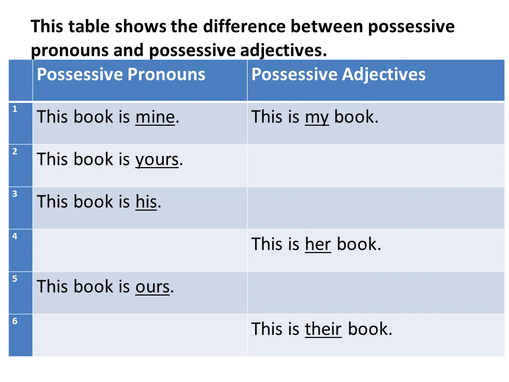This table shows the difference between possessive pronouns and possessive adjectives. Here we're going to look at how they are used in sentences. You are going to try question number 2 while I do question number 1. The book is mine. That's the possessive pronoun.